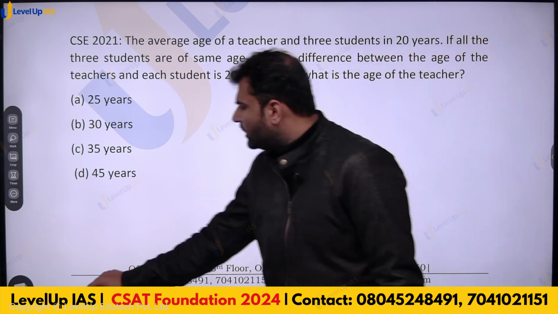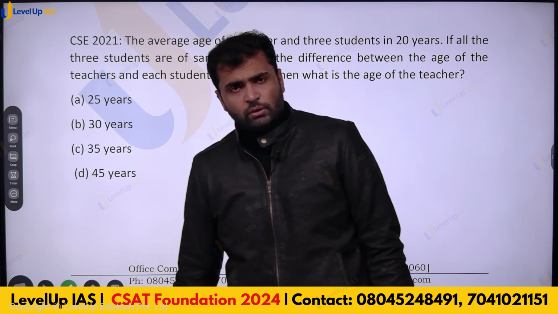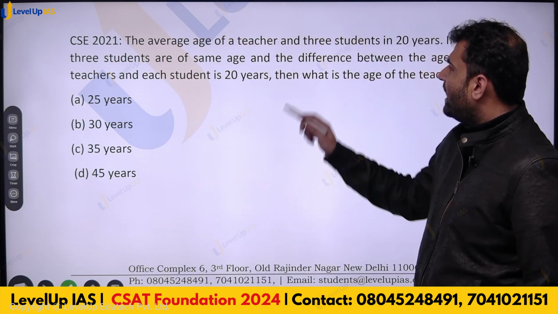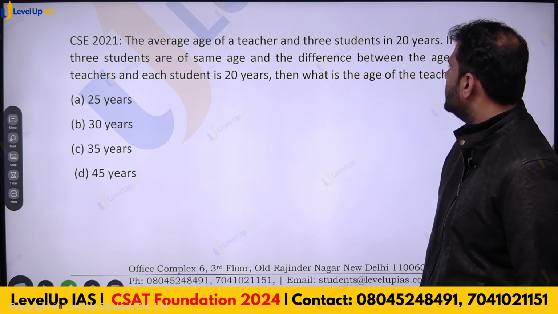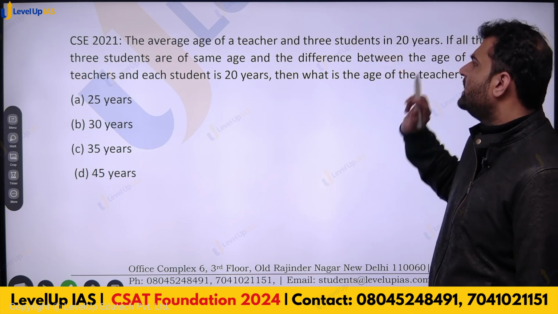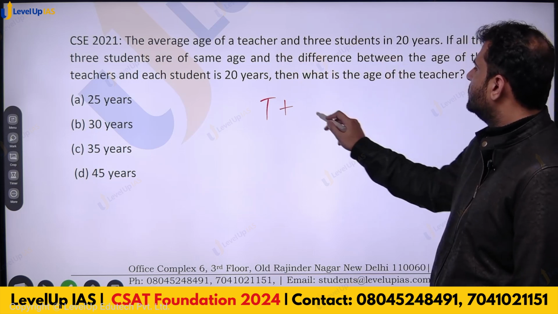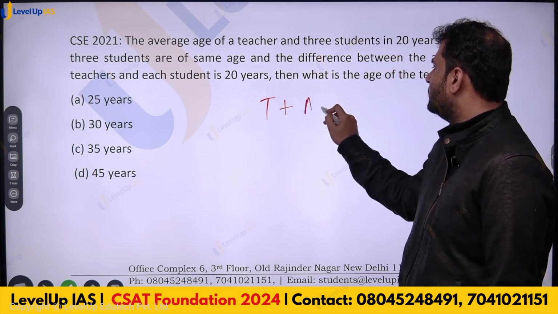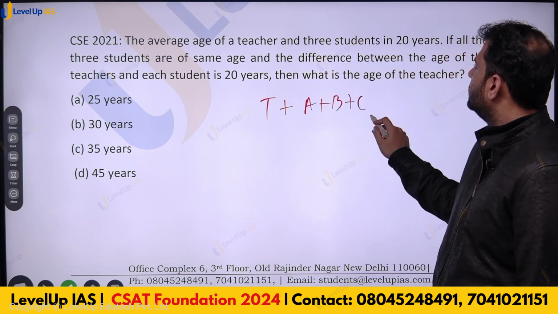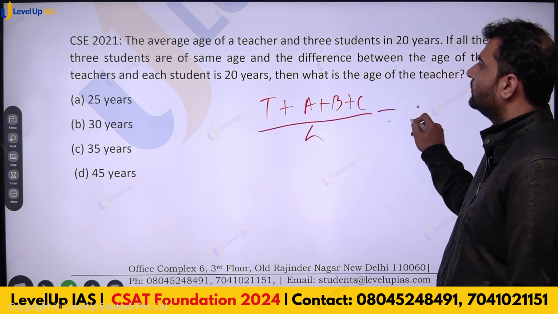Next, this is a very typical, very standard type of question from this chapter. We have the average age of a teacher and 3 students is 20 years. So teacher plus 3 students, let us call them A, B, C, is equal to 20.